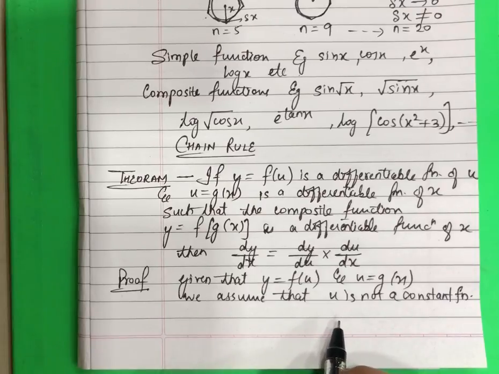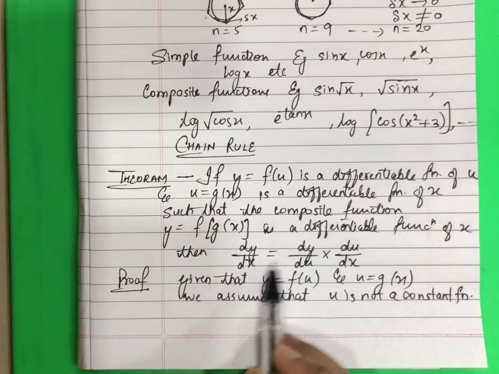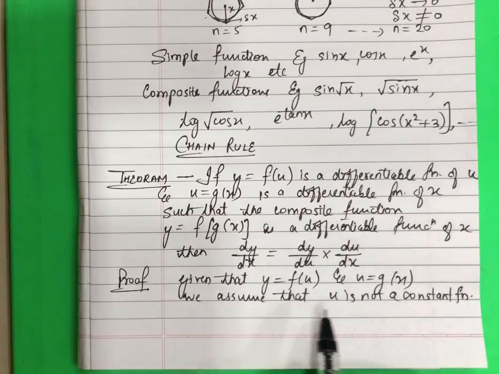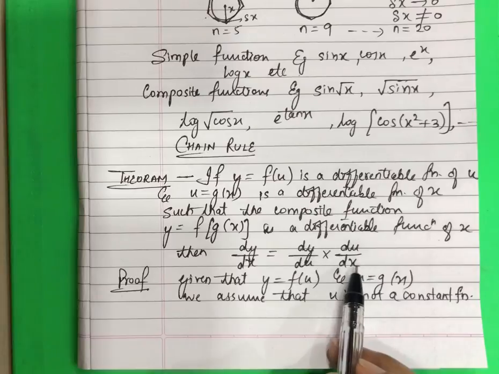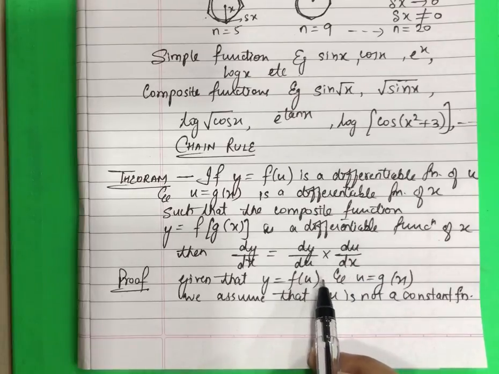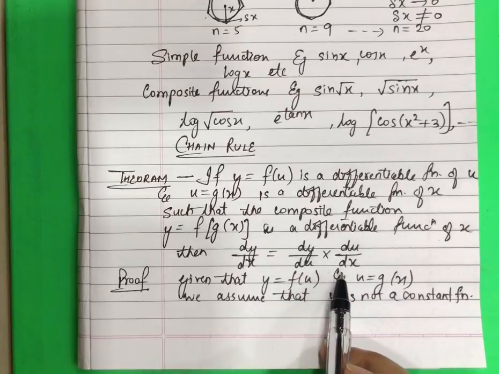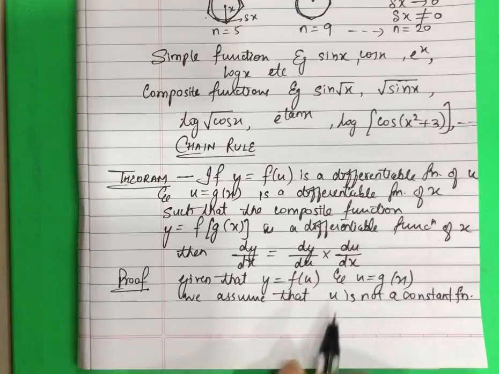Now I'm giving you an easy way to remember the theorem. Whenever we are proving any theorem in differentiation, always remember the terms existing, x, y, u, v or something else, whatever depends or varies. So here we have the terms y, u and x. So obviously the small increments of x, y and u will be there.